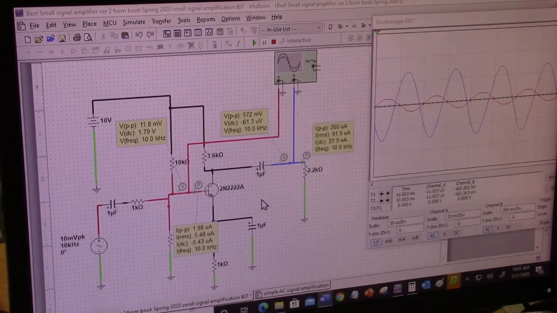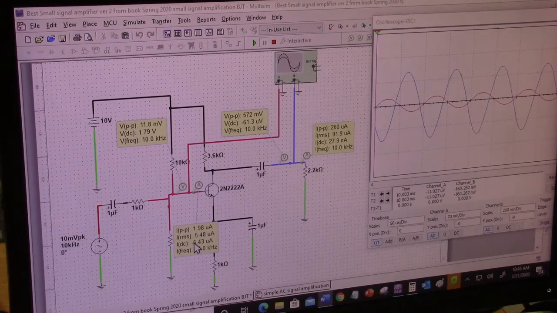And you'll notice that in this case, I just did the calculations. If you're talking about the current, I have an amplification of about 131. I got those from this number here, the peak-to-peak current values.